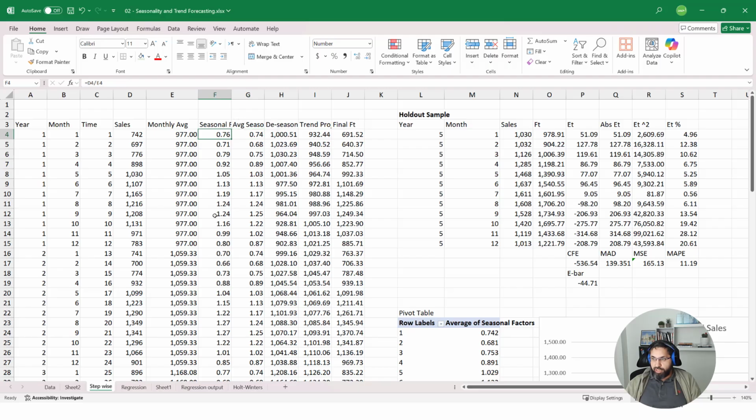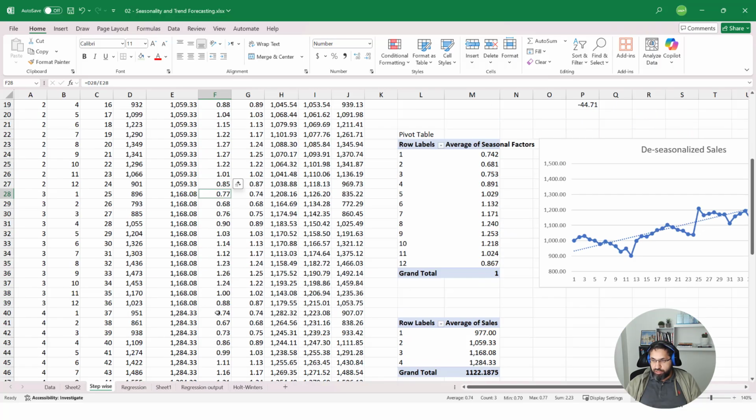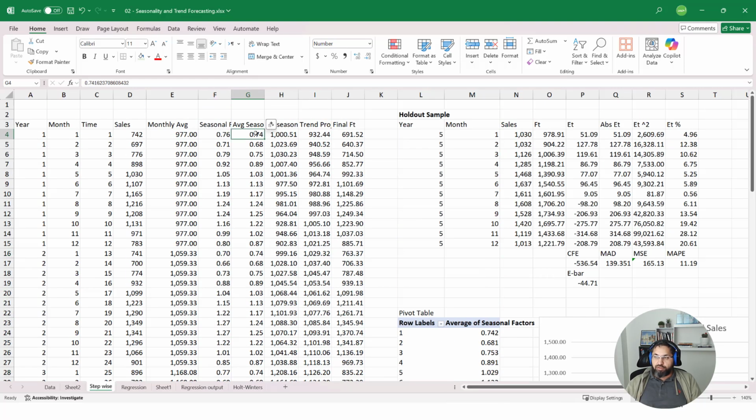And if you take the average of those 4 F1 estimates from the 4 different years, you'll see that you get an average of 0.74. So you put 0.74 as F1.